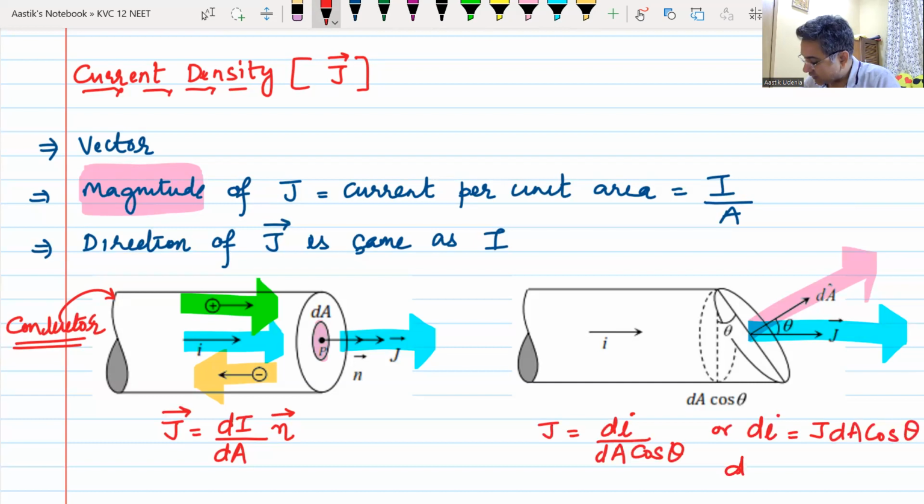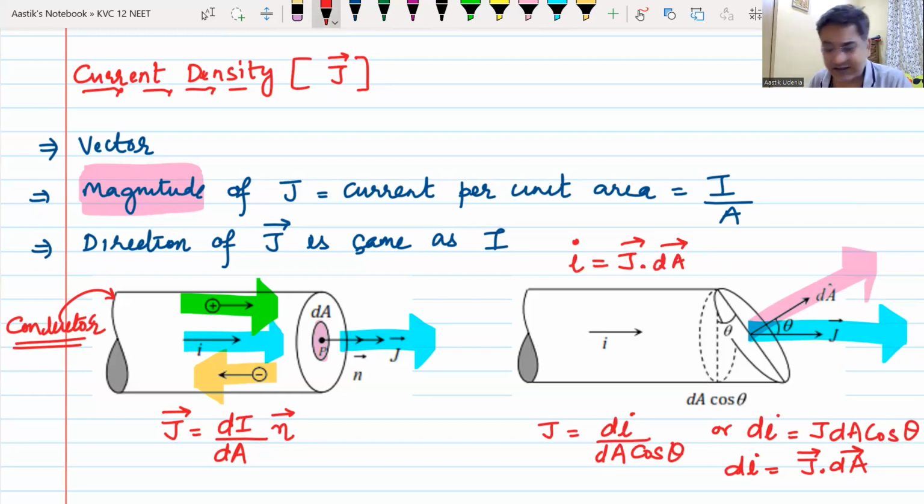Actually, your dI can be written as J dot dA. So that becomes your relation between current and current density. Current is the dot product of current density with your area vector.